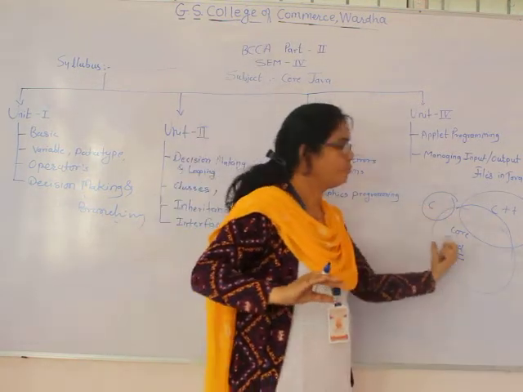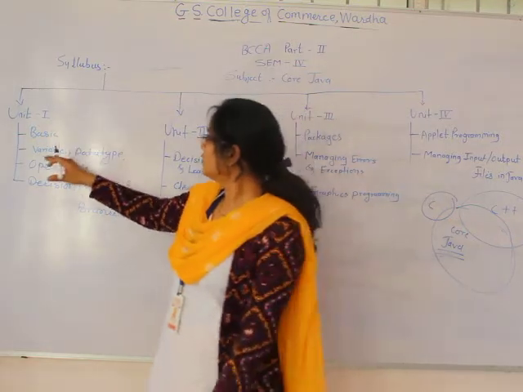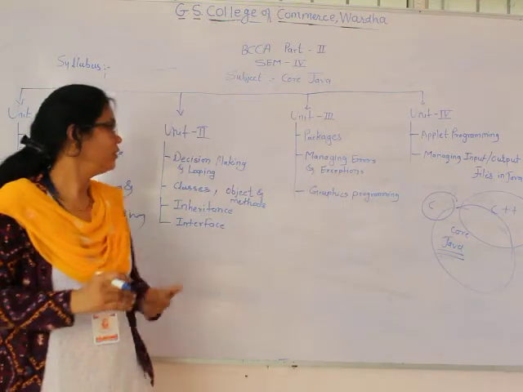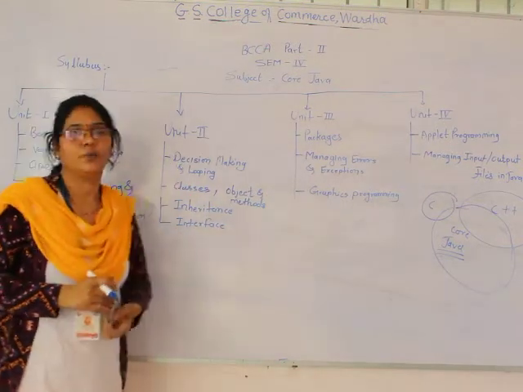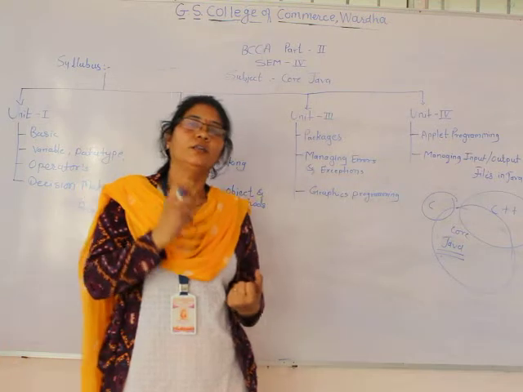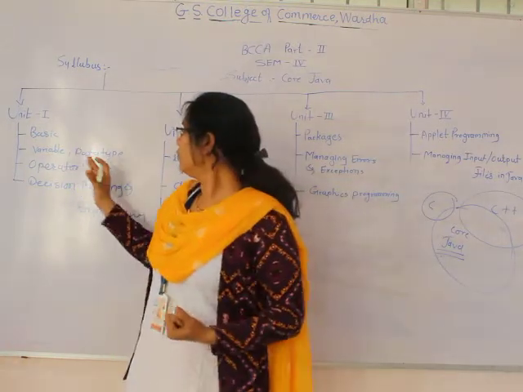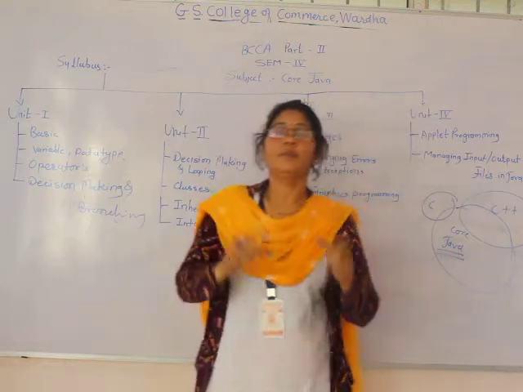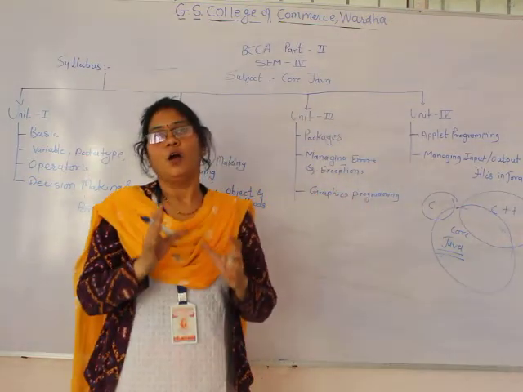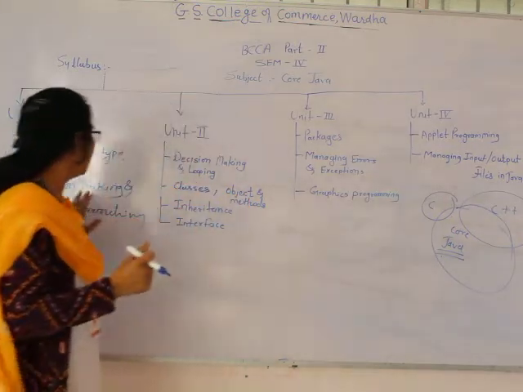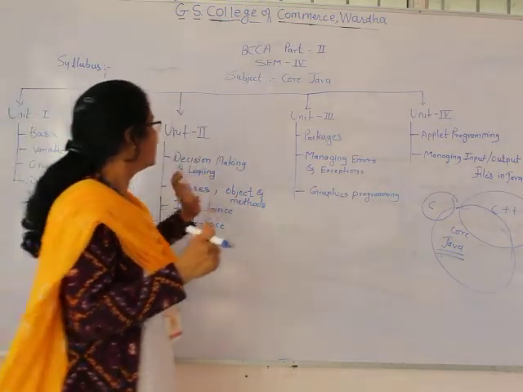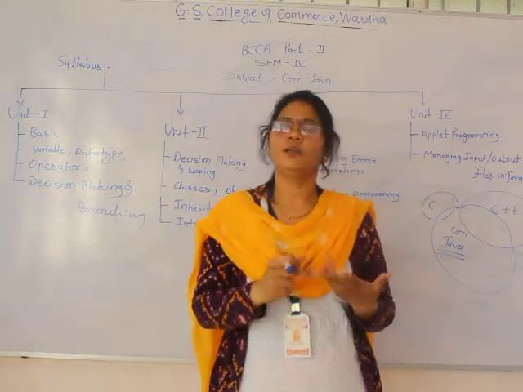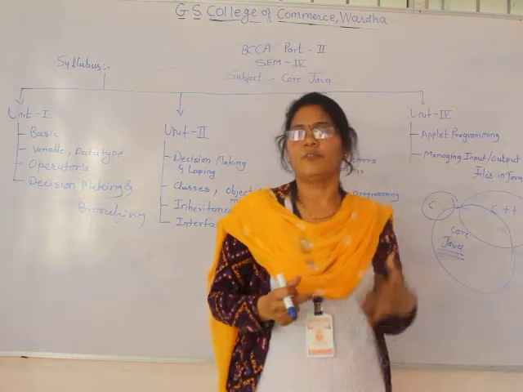So we took some part from the C language, which is nothing but variables, data types, operators, decision making and branching, as well as decision making and looping. What we took from it is the basic concept of variables, data types, operators, and the basic structure and format of any decision making control statement, like for loop, while loop, do while loop, then if else, ladder if else and nested if else.